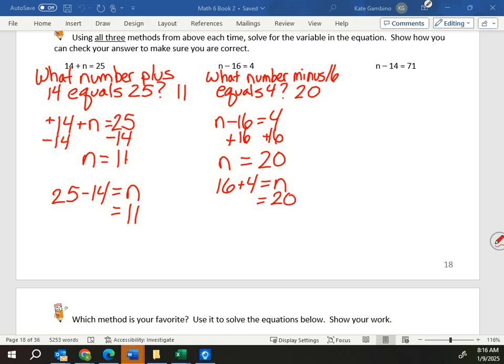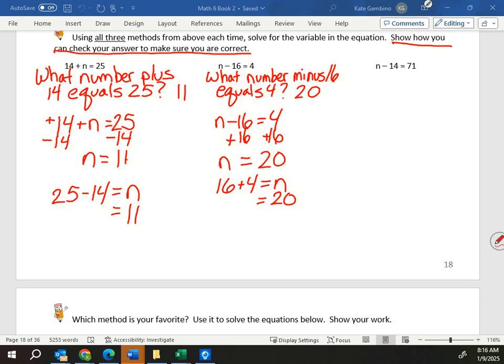And I forgot one important step from my directions. Show how you can check your answer to make sure you are correct. How do you think I check my answer? Any guess? If I'm solving for n and I'm saying n equals 11, what do you think I do?